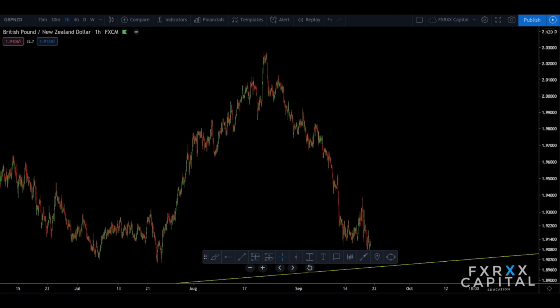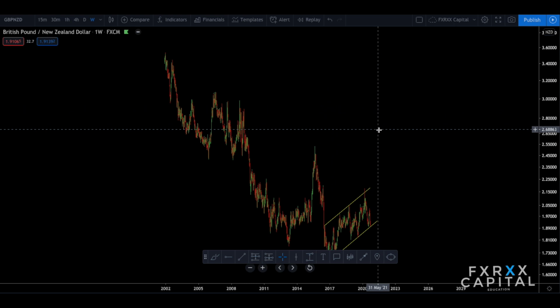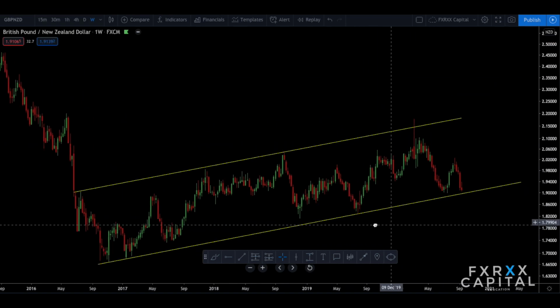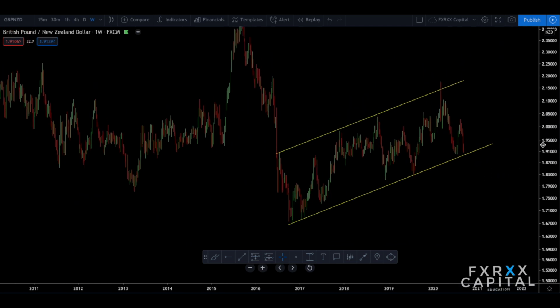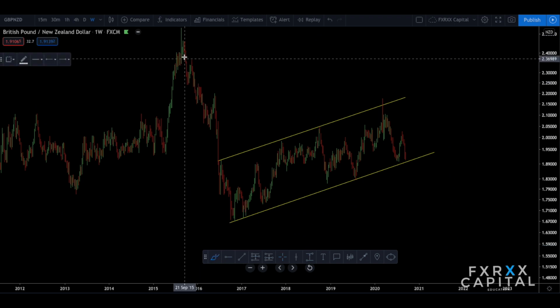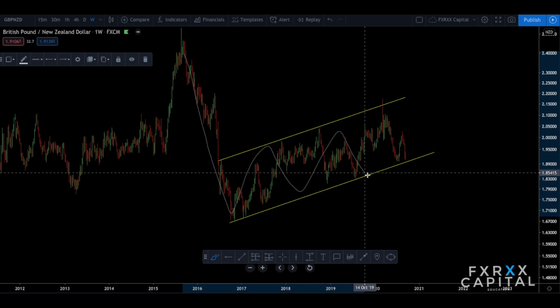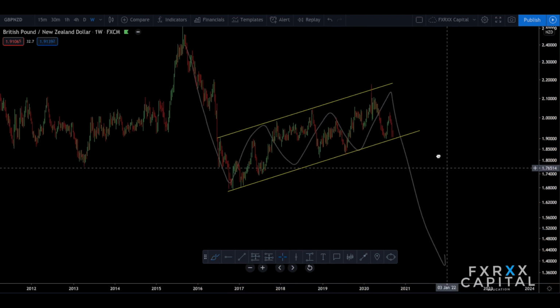Next, we move to our wildcard. The first wildcard will be pound New Zealand dollar. Pound New Zealand dollar is in a correction phase. If we draw one structure, impulse, correction, continuation, this is what we call price structure.